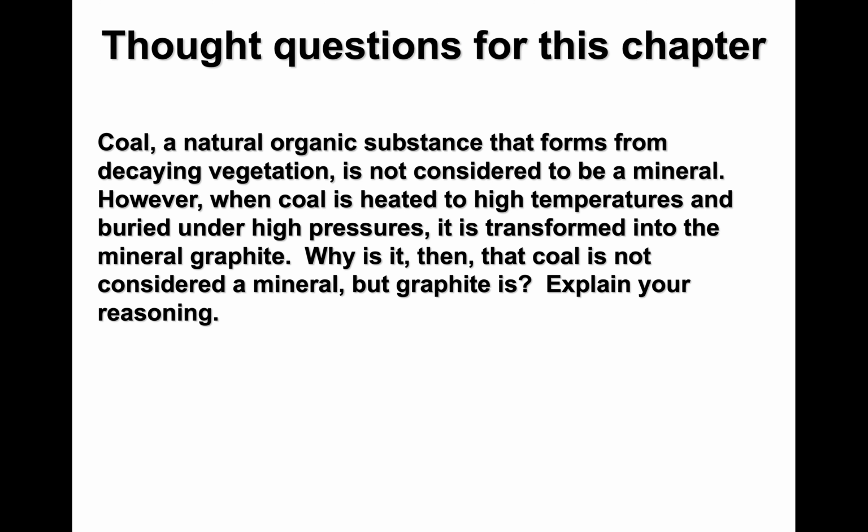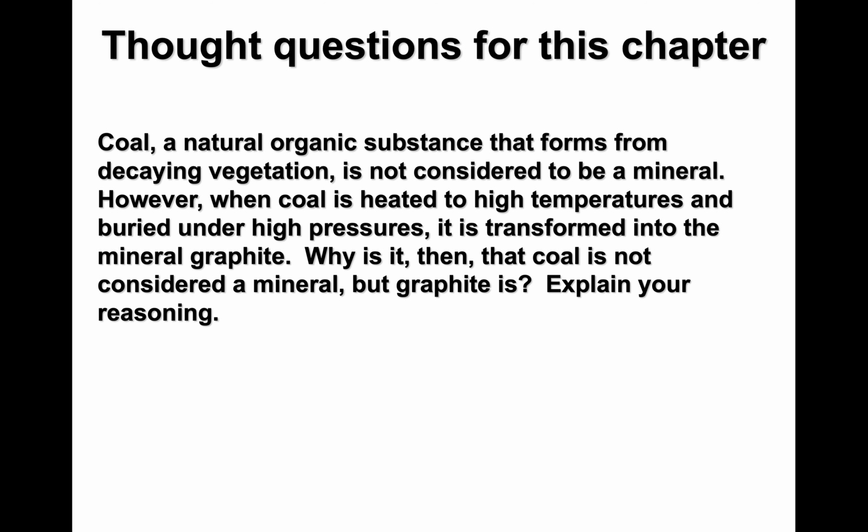So coal, for example, is a natural organic substance that forms from decaying vegetation, and therefore it is not considered to be a mineral. However, when coal is heated to high temperatures and buried under high pressure, it is transformed into the mineral graphite.